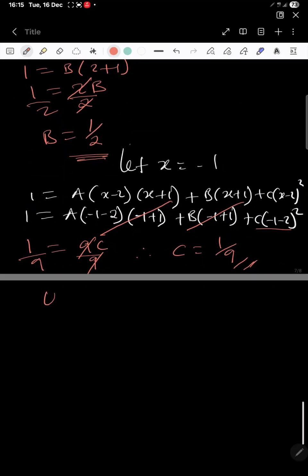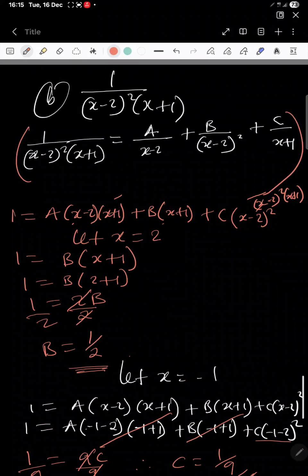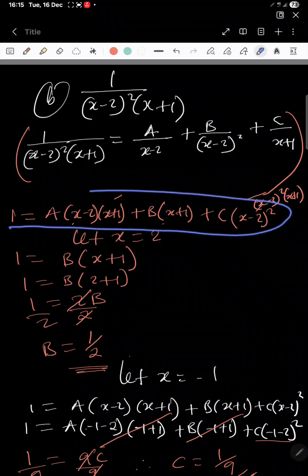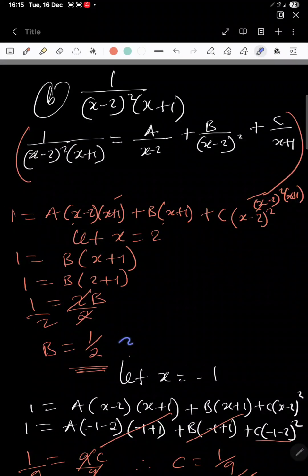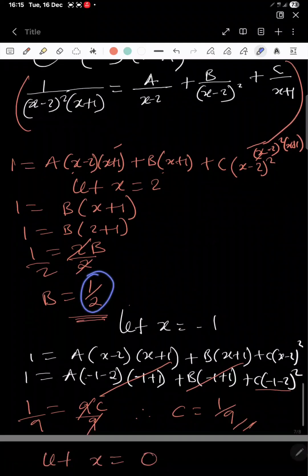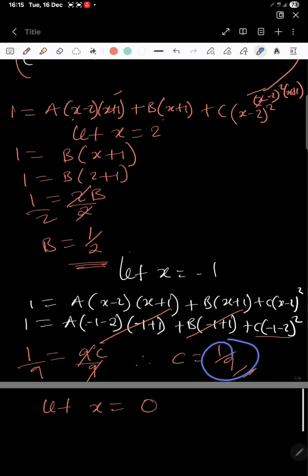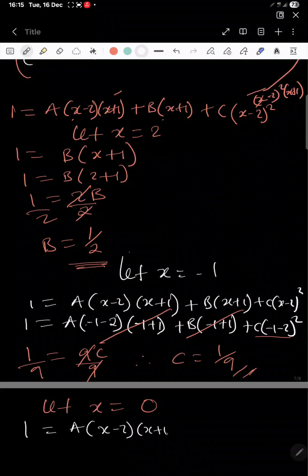All right, so you say let x to be equal to 0. So if it's 0, we get this equation. So we're getting this equation and replacing. Whenever there is x, we put a 0, and whenever there is b, remember we've already found that it's this, c also found that it's that. So our equation is 1 is equal to a open x minus 2, x plus 1, plus b open x plus 1, plus c open x minus 2 squared.